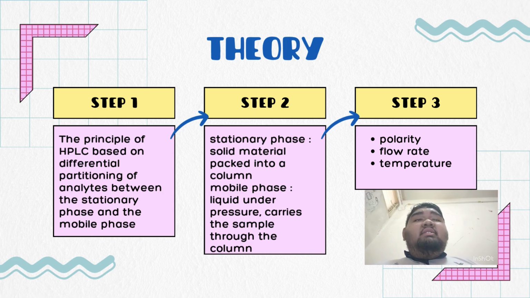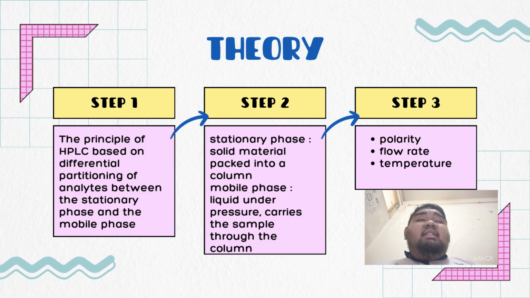The mobile phase, which is liquid under pressure, carries the sample through the column. The interaction between analytes and the stationary phase leads to varying retention times, allowing for separation. Key factors that influence this process include polarity, flow rate, and temperature.